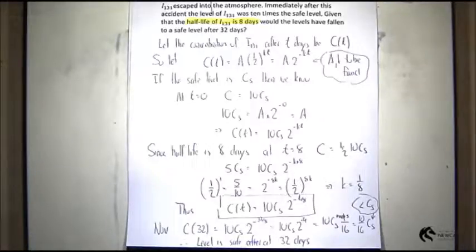So this is N naught 2 to the minus a half. 2 to the minus a half is 1 on 2 to the half. So that's 1 on root 2. So this becomes N naught on root 2. So that's the amount that is left.